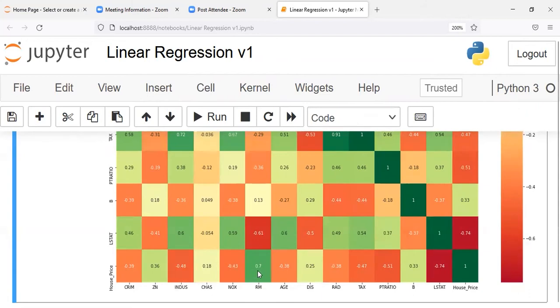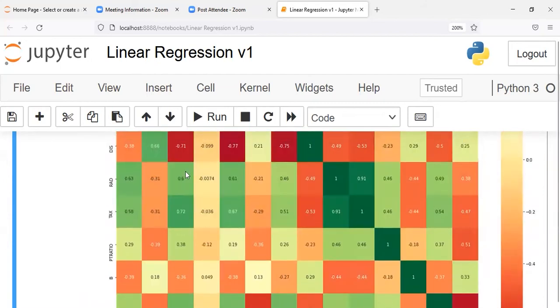So you can see here the correlation value is 0.7, which means that as the number of rooms increase, the housing price also goes up, which makes sense because larger homes with a lot of rooms tend to command higher price.